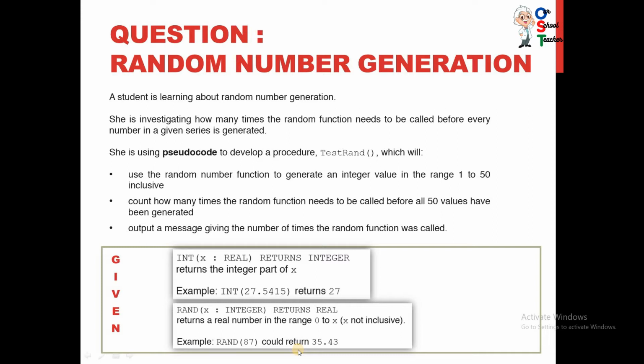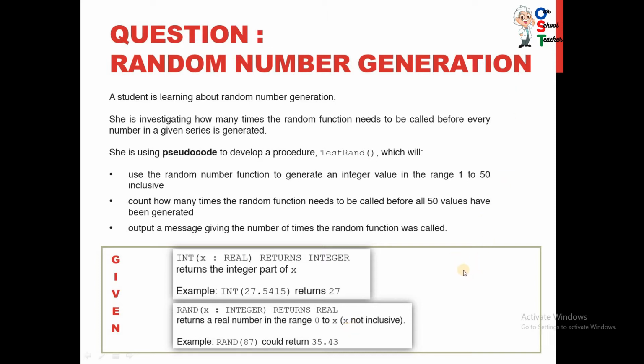But here it is not the case. Whatever number is inputted in the RAND function, it will generate a number from 0 to that particular input. So what is the solution?